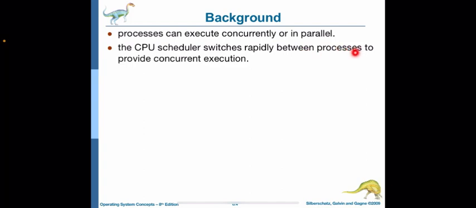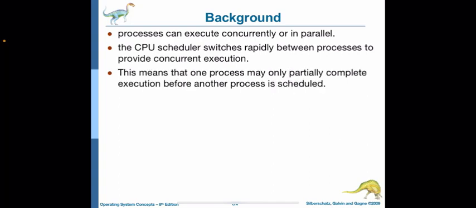Not just two, many processes may be in concurrent execution, so the CPU will be switched rapidly between all of them. This means that one process may only partially complete its execution before another process is scheduled. So all those concurrent processes may execute in an interleaved manner. The CPU switches among these processes before completing each one. In a partially completed stage, it will switch to another process. That is the major challenge in a concurrent execution environment.